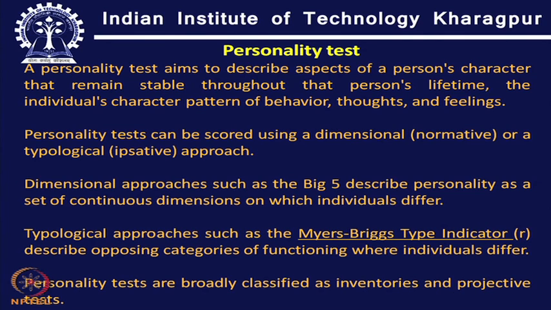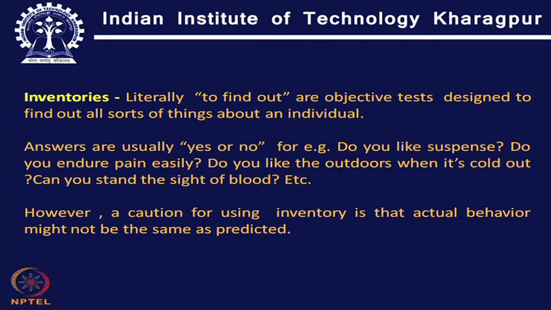Personality tests are classified as inventories and projective tests. Inventories are objective tests designed to find out all sorts of things about individuals, but sometimes you just cannot predict why a person is behaving in certain ways, because people can give misleading answers in inventories based on how they want to appear to others.